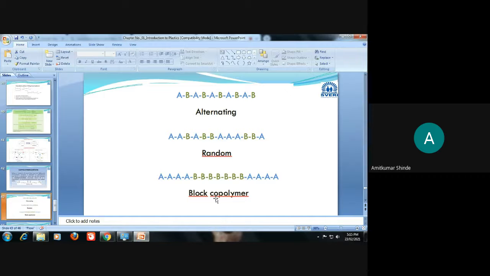Now I will wait for a few minutes here. Those who have joined late, please mention your roll number in the chat box for your attendance purpose. And if you are having any difficulty, please ask me. As this is a little bit related to chemistry, it may be a little difficult to understand. But I have taken 2 lectures for this polymerization only.